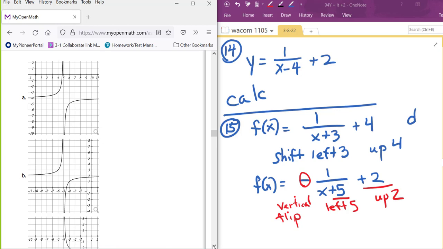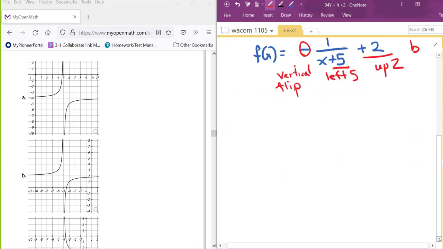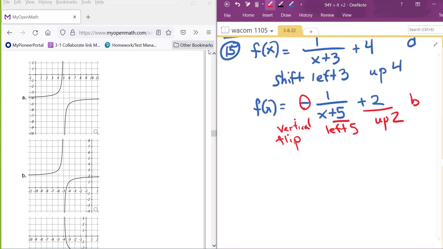It's not marking it, but you can see those ones the graph goes close to. It is moved up 2. So B is going to be your choice on this one. Let's see if I can fit those on the same screen.